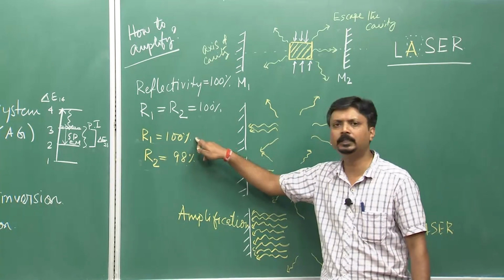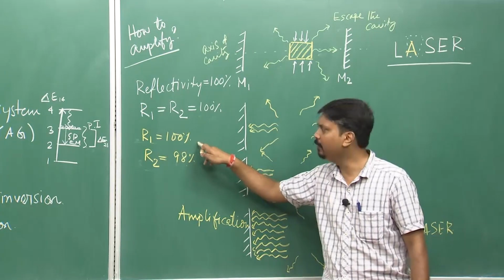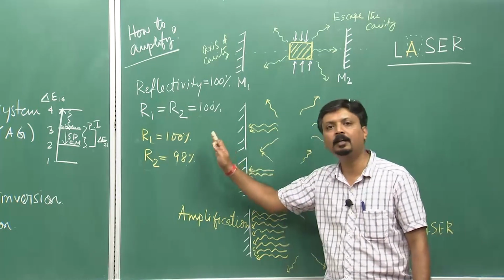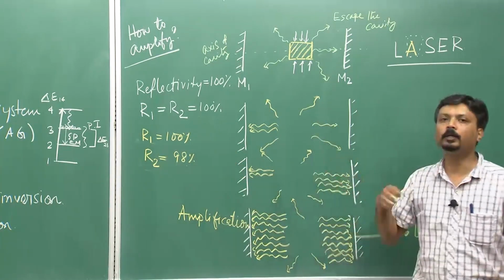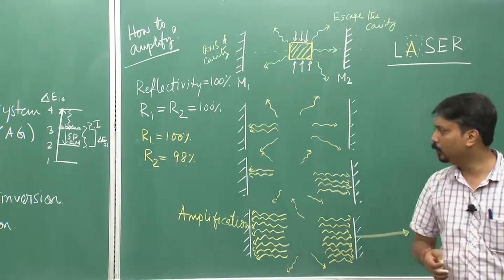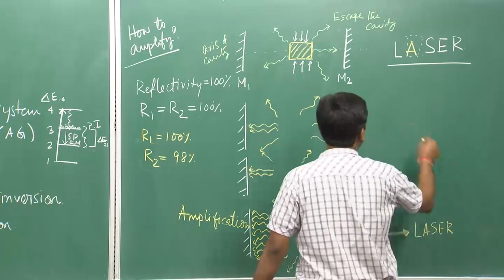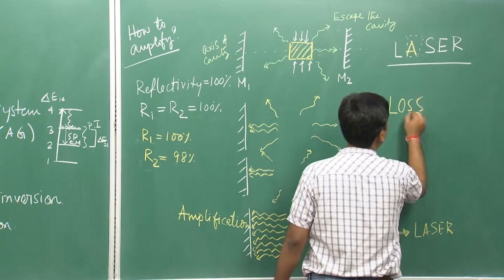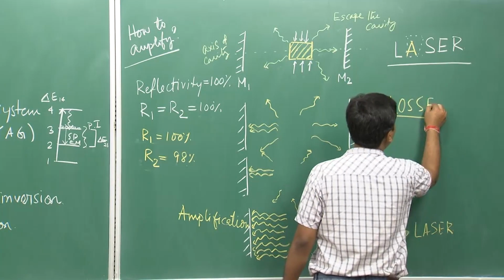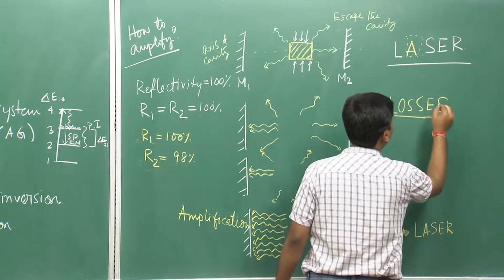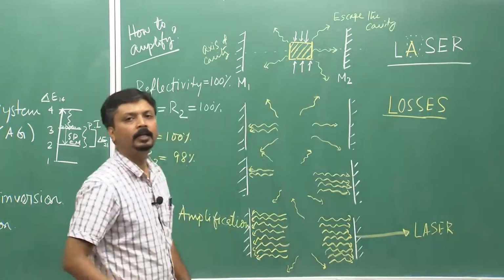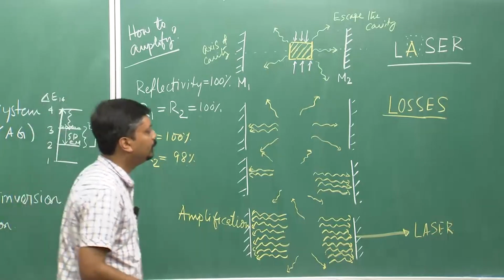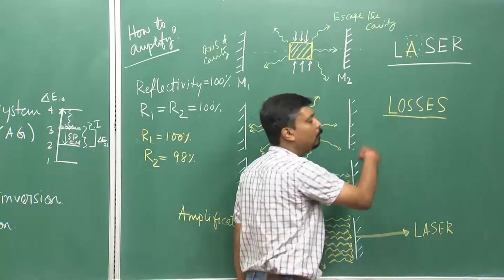The other one which is supposed to be 100% reflective, if it does not have 100% reflectivity, then we are going to lose photons. So, this is generally called loss. There are several different types of reasons that will give rise to loss of photons, and we will talk about certain losses.